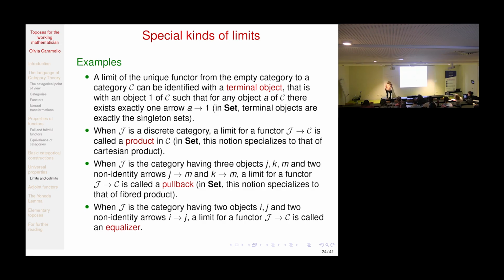Because suppose that you have any other function that takes the same value on elements related by the equivalence relation R, then it should factor uniquely through the quotient. So, as you can see, another very important mathematical construction, the construction of quotients, can be captured categorically.